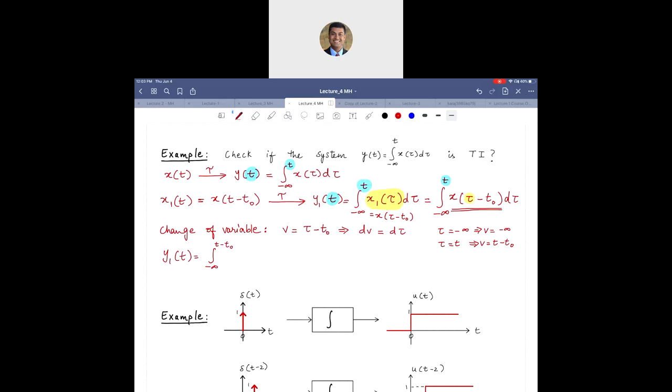The upper limit has changed to t minus t0. Instead of x of tau minus t0, I'm going to write x of v dv. And this is exactly the same as y of t minus t0. Because all we have is t minus t0, if you shift this, t minus t0, that changes to t minus t0 right there. dv is the same as d tau. So now your shift by t0 comes into the picture.